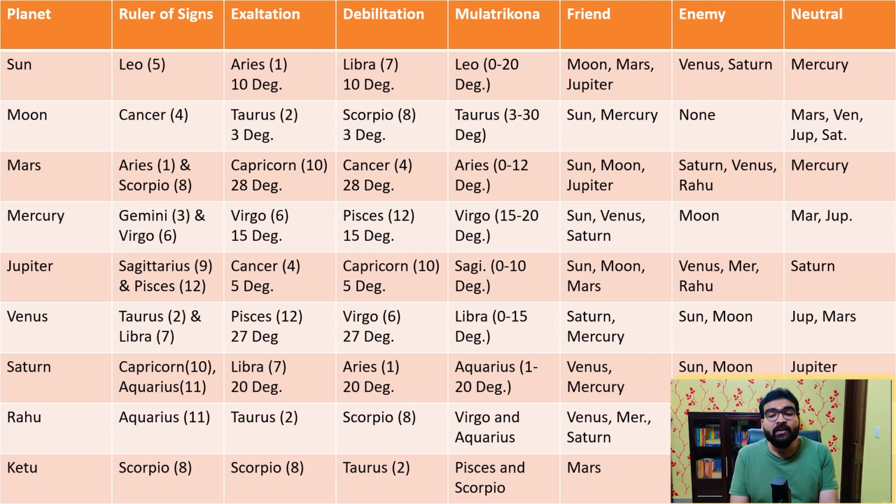So why is Venus exalted in Pisces? Because the major reason is that Venus is also the controller and significator of supreme, eternal bliss, which is not possible from the Maya, meaning the world around you.